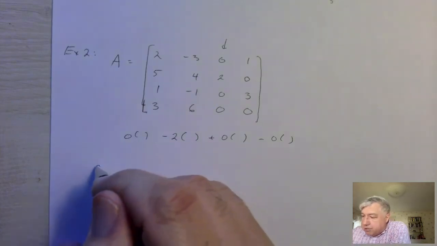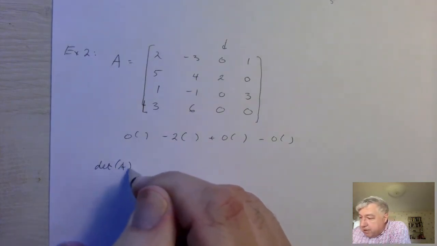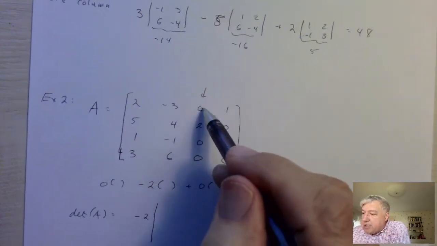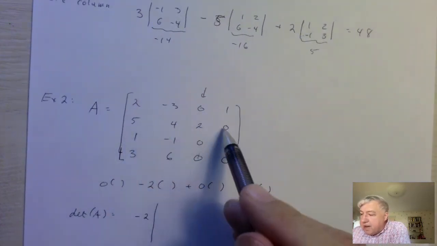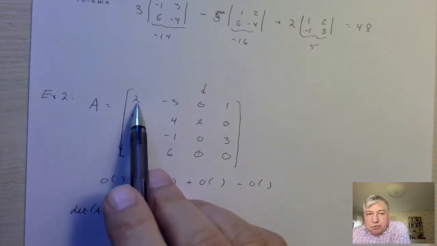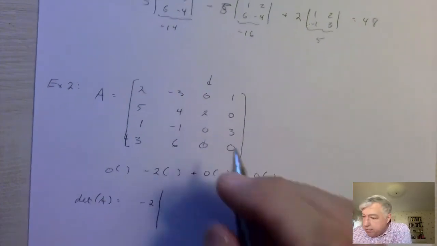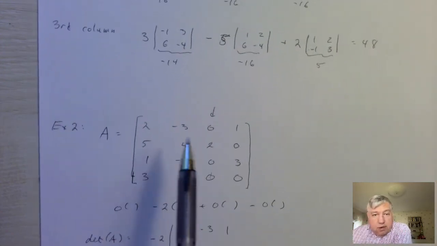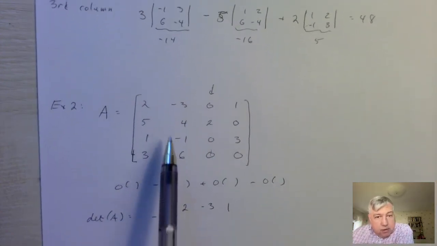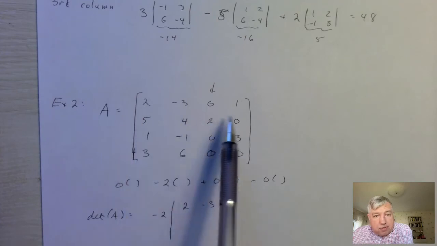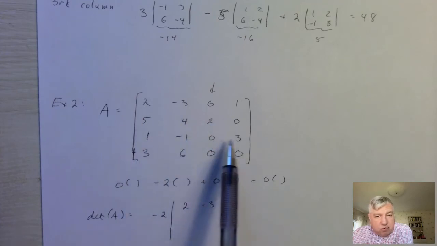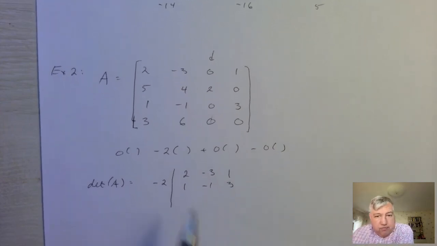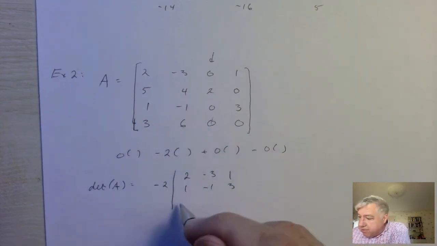So the determinant of A is going to be negative 2 times, okay, so we cross out the third column and the second row, and we get 2, negative 3, 1. And then over here we're crossing out this row, so we have 1, negative 1, 3. Okay, and then finally we have 3, 6, and 0.